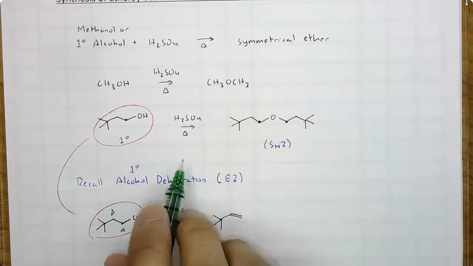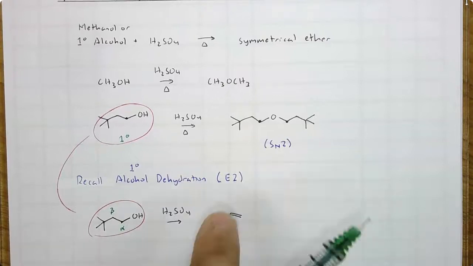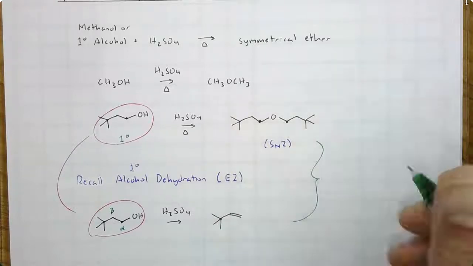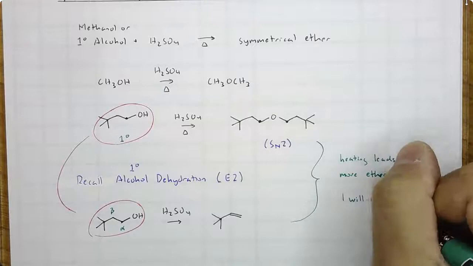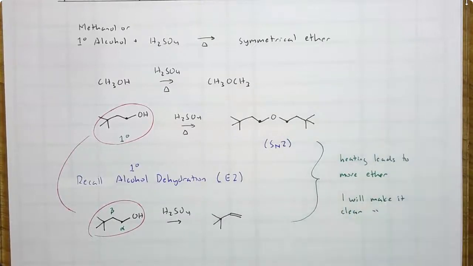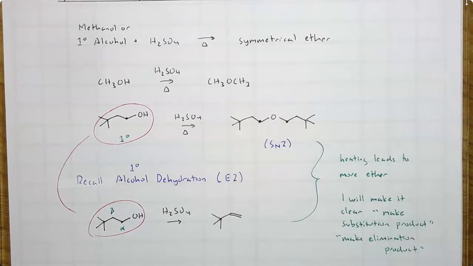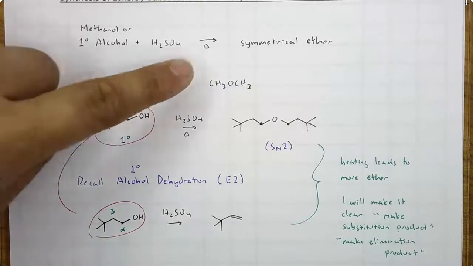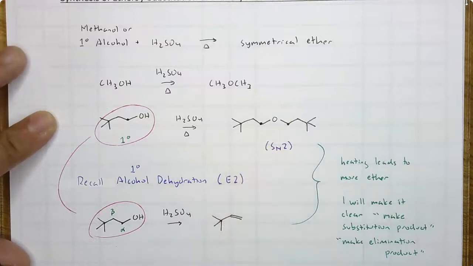Typically, if you use very hot conditions, you will lean towards the ether formation. But for now we are going to focus on the formation of a symmetrical ether via an SN2 reaction.